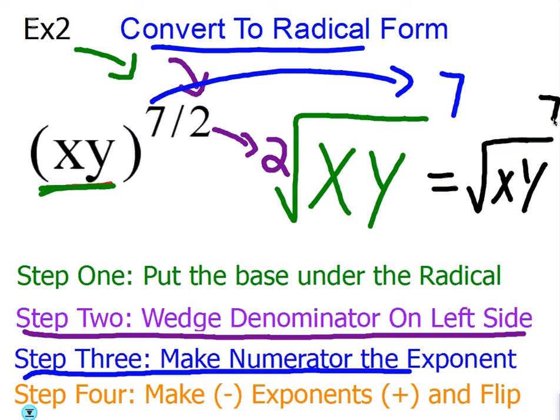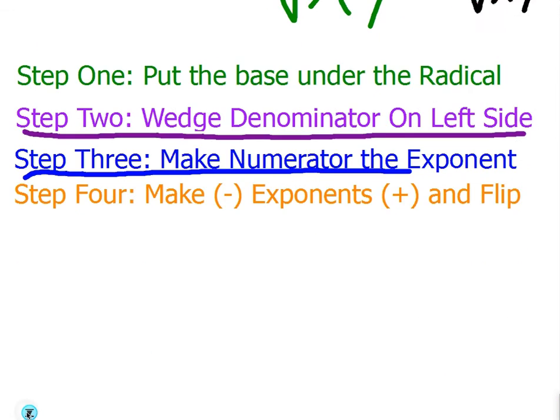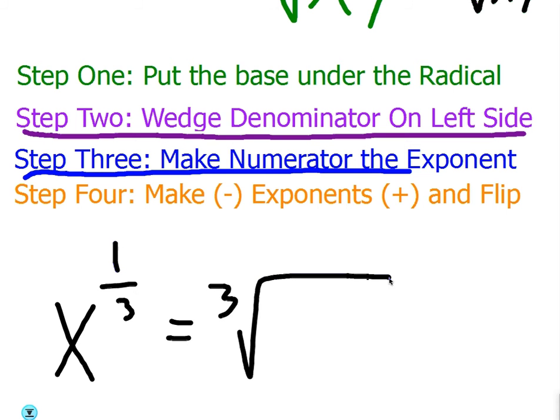Good question. Now, if 1 was there, that's actually a good point. If 1 was there, we know anything to the first power is 1. And so you actually, I'll do a quick example since you mentioned that. Let's say it was x to the 1 over 3. Okay, we put the 3 there like we did before. We wouldn't actually have to put the 1 there because anything to the first is itself.